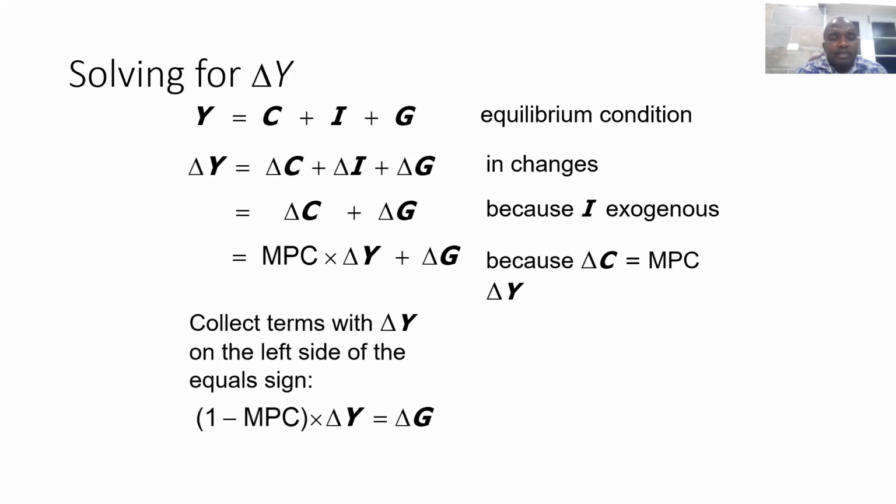So if we collect terms with delta Y on the left-hand side of the equal sign, it means we take MPC multiplied by delta Y to the left-hand side, and then we factorize delta Y. We'll have 1 minus MPC multiplied by delta Y, which is equal to delta G. And then we can divide both sides by 1 minus MPC, which means the change in national income is simply delta G multiplied by 1 over 1 minus MPC.